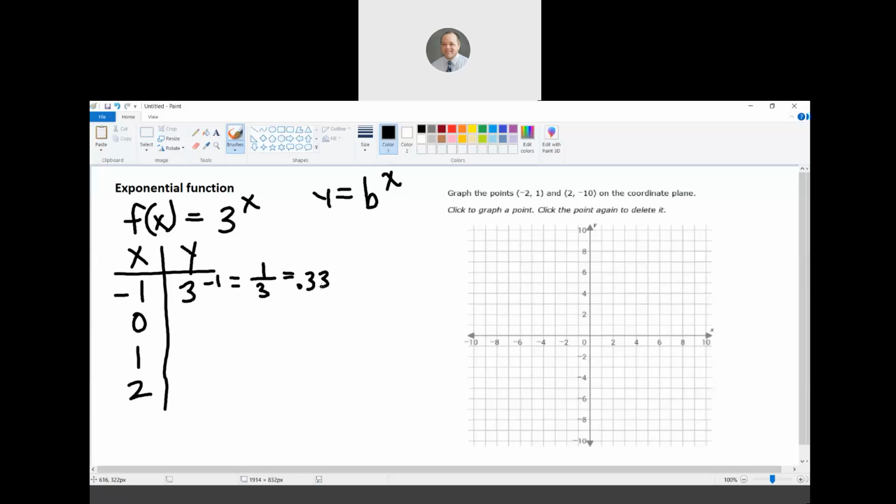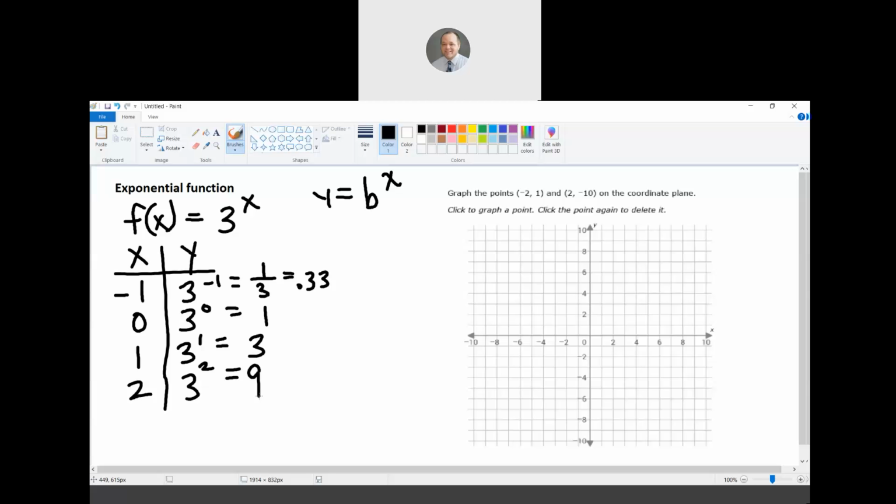Next, plug in 0 for x, and any non-zero base to the 0 power is automatically 1. Next, plug in 1 for x. So 3 to the first power is 3. And finally, plug in 2 for x. And that gives us 3 squared, or 9, for the y value there.